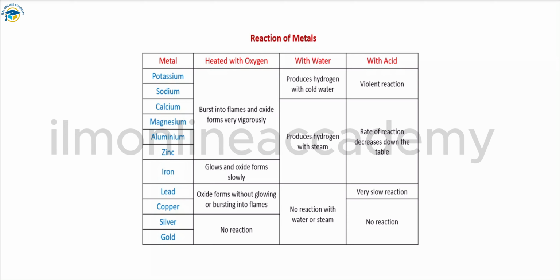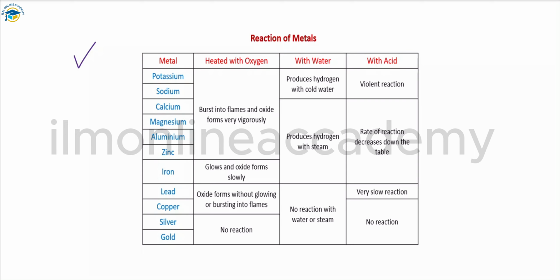So you can easily memorize this by using this table. It will be helpful for memorizing the reactions of the highly reactive metals which are present on the top, and the least reactive or unreactive metals that are present at the bottom of the reactivity series, and their reactions with these substances.